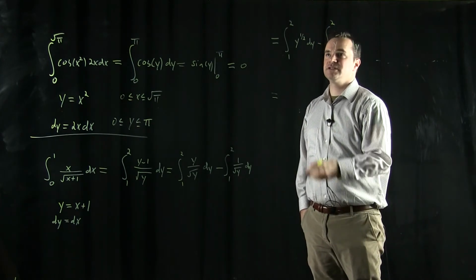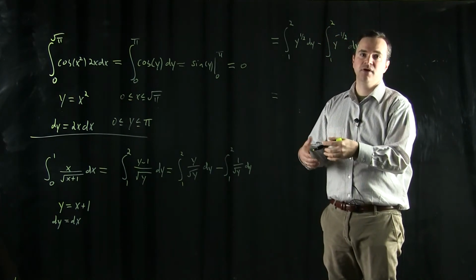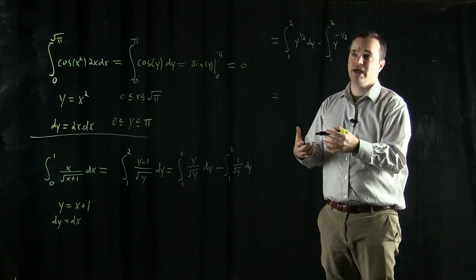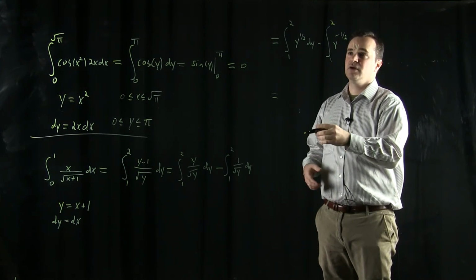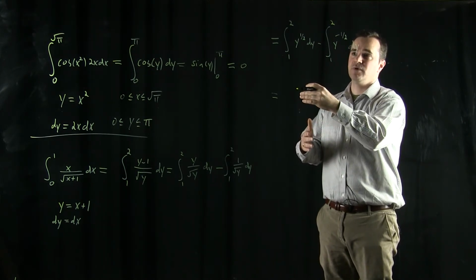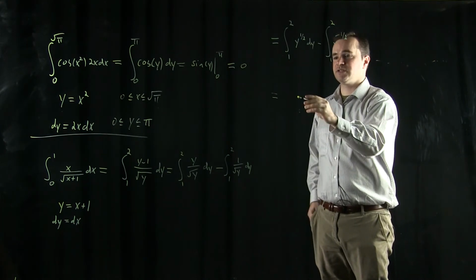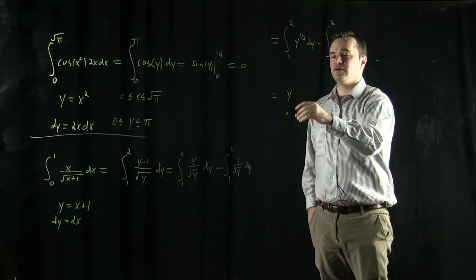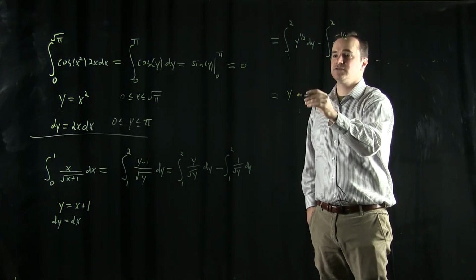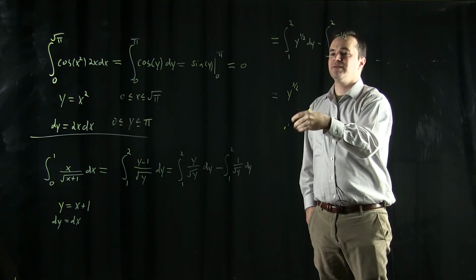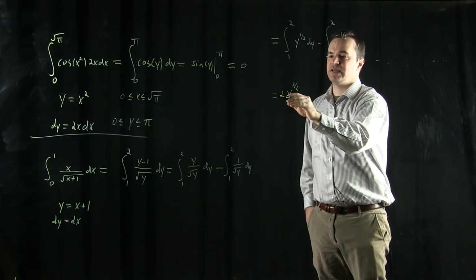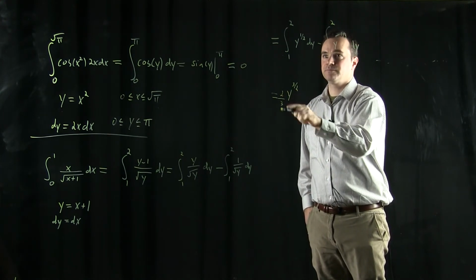The exponent rule from integration tells me that an antiderivative for y to the 1/2 is just going to be y to the 1/2 plus 1, divided by 1/2 plus 1. So 1/2 plus 1 is equal to 3/2. Then I'm going to divide by 3/2, which is the same as multiplying by 2/3.